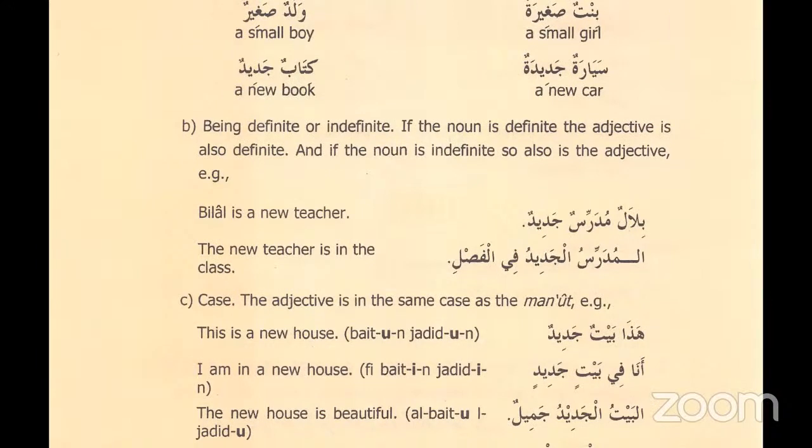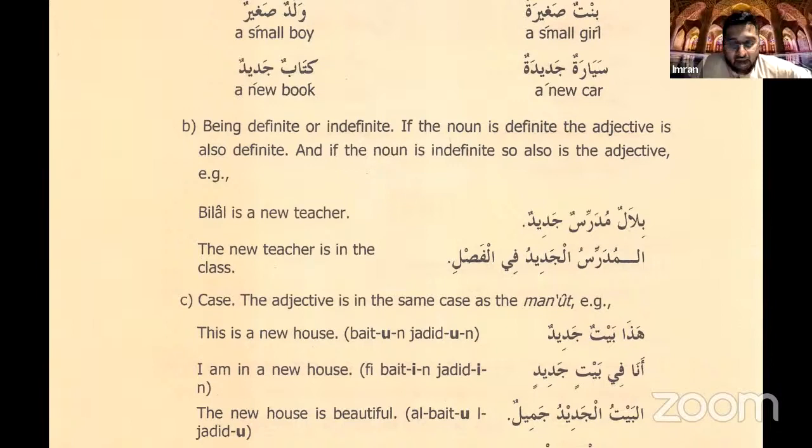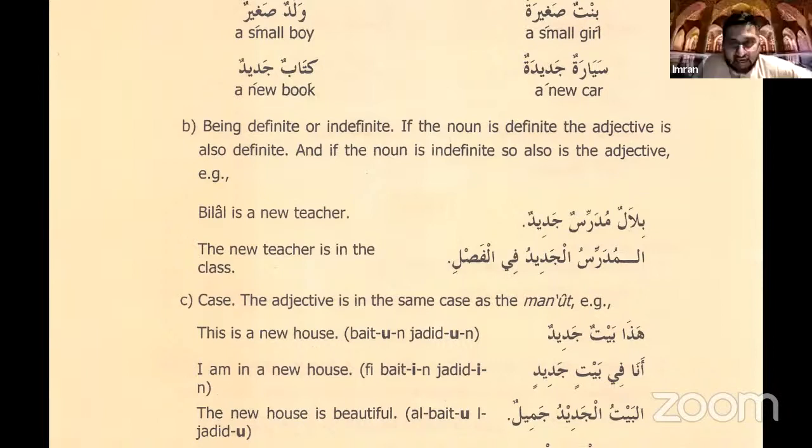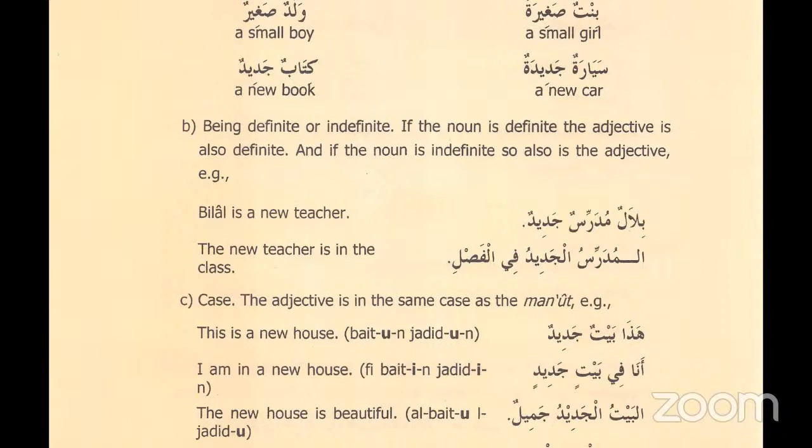It will come as the mubtada, correct? I understand that. And the khabar always comes without the alif lam. That's right. And the alif lam comes with the mubtada. I'm a bit confused about the mubtada.